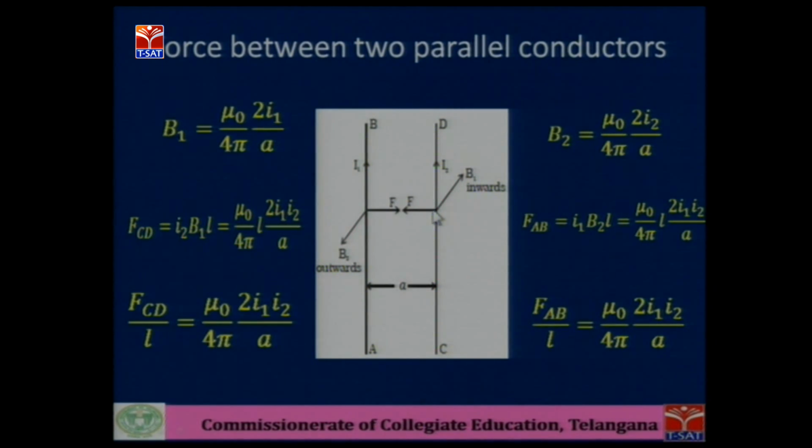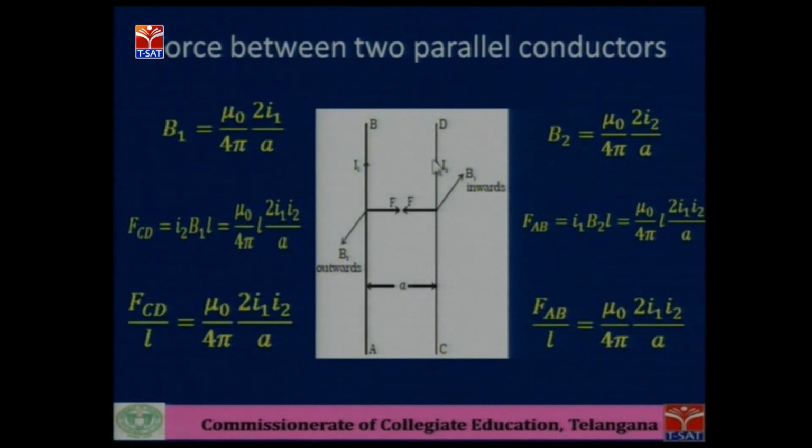In this field, the second conductor is placed. Earlier we have seen the force is I L cross B, that is I L B sin theta. See the direction here: I and B are at 90 degrees, so sin 90 is equal to 1. So we can take I L B as the force acting on this conductor.